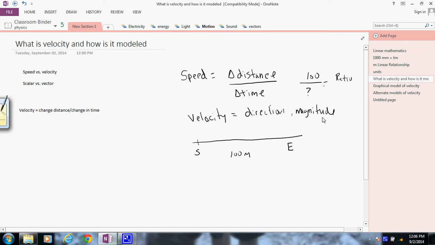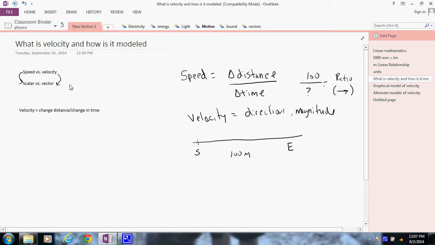So you'd have this ratio, and you'd also have to add an amount of which way we are going. We often refer to speed as what's called a scalar, a pure value. Velocity is a vector, has a direction and a magnitude. So both direction and magnitude.